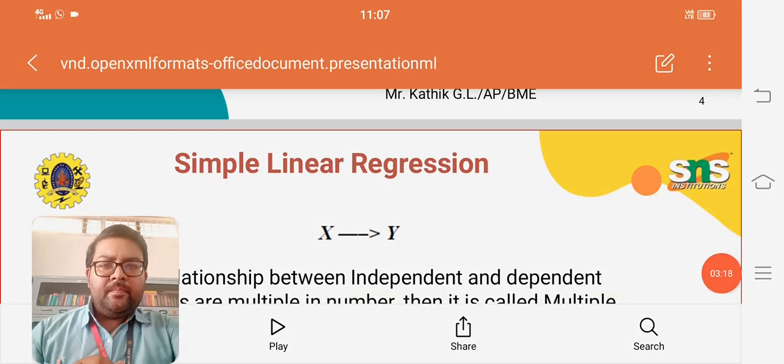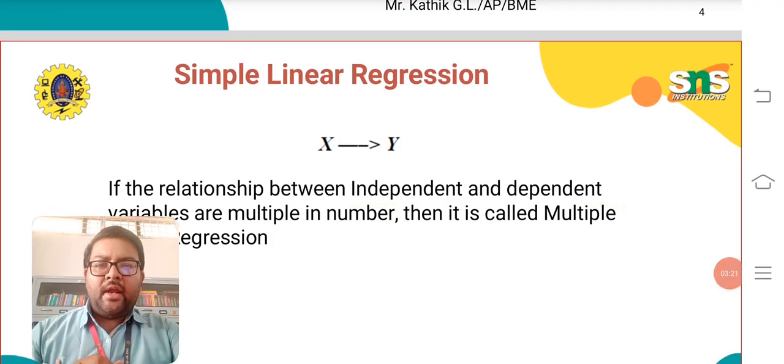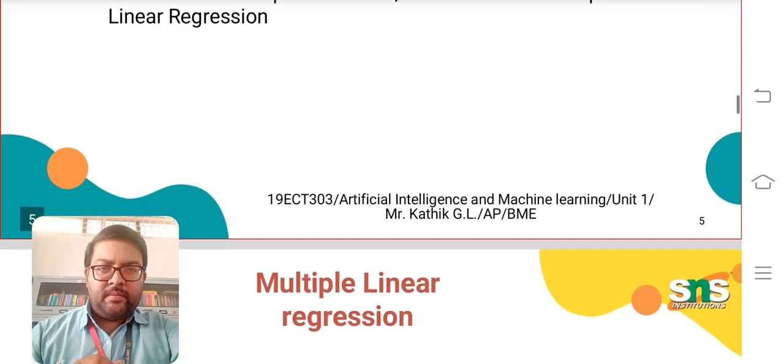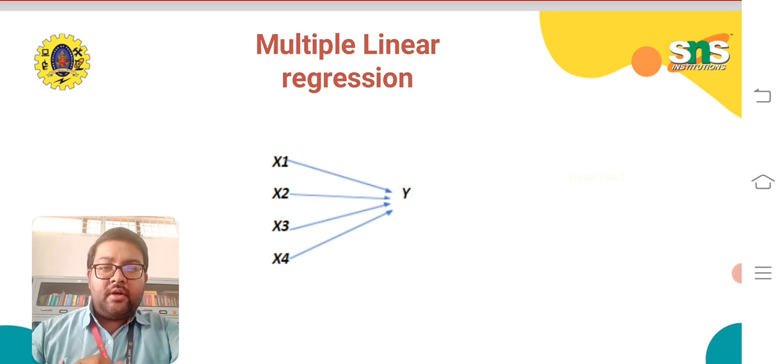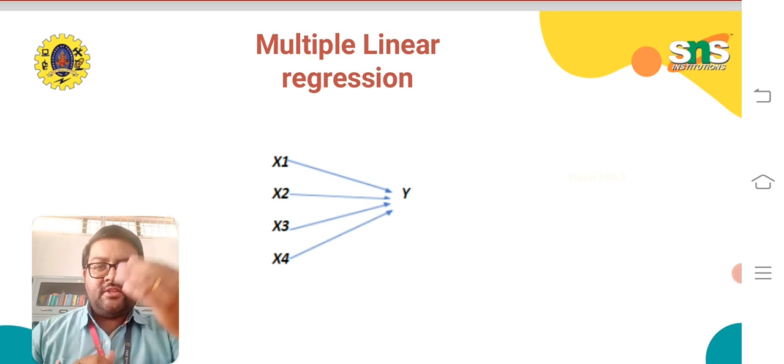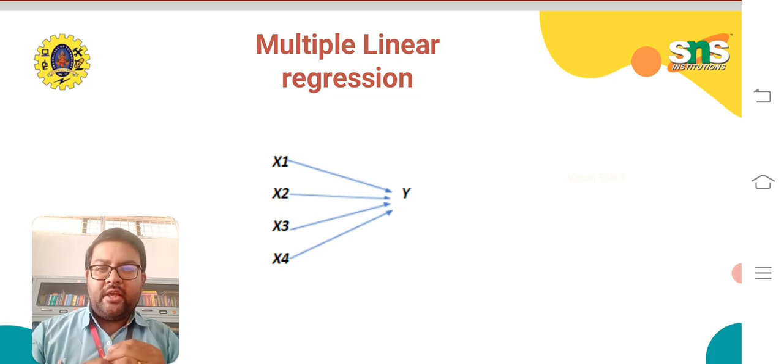But here there is only one x and y. X is related to y, that is simple linear regression. We can see in multiple linear regression there are so many x's, x1, x2, x3, x4, and they are all related to y. So this is multiple linear regression.